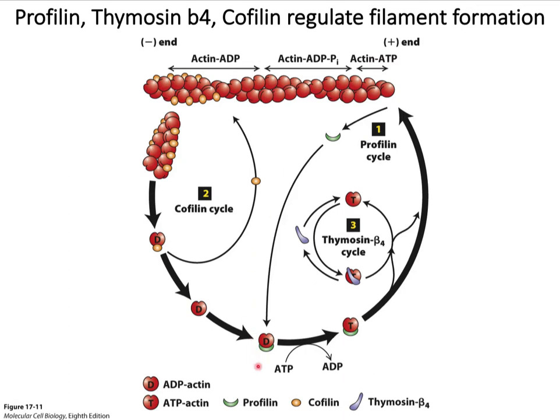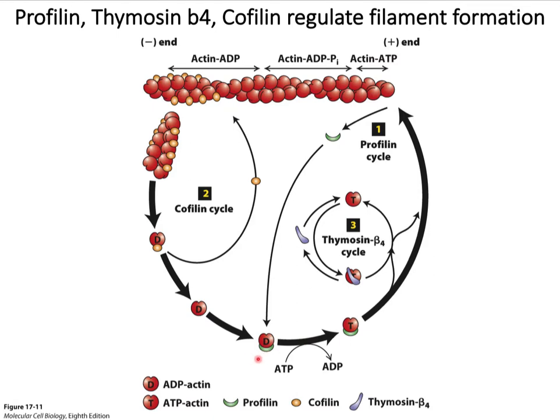It binds to the ADP actin monomers on the opposite side of the protein, opposite from the nucleotide binding cleft. So here you have an ADP-bound G-actin monomer. It is bound to the profilin here, which is a small green crescent-shaped structure in this figure.